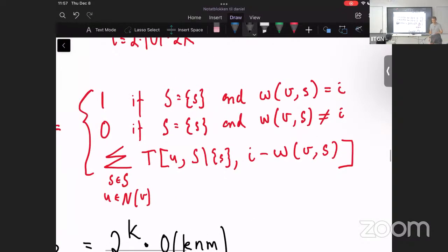Otherwise, I sum over all possibilities for who my predecessor was on the walk. You better be a neighbor of v. And now I count walks that use the labels from S minus the label of v, ending in u, and that have weight i minus the weight of v with its label. Oh, I forgot something. What did I forget?